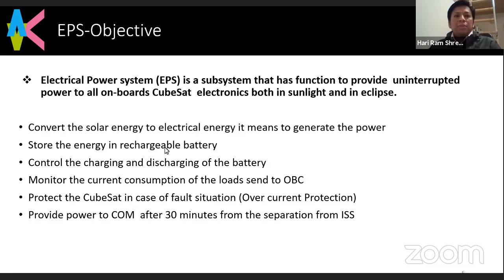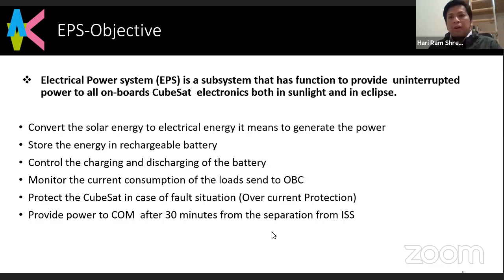Basically, the objective of the electric power subsystem is to give power to the satellite in orbit continuously, to the electronics, both in sunlight time and eclipse time. To fulfill this objective, the satellite or CubeSat in orbit should convert solar energy to electrical energy.